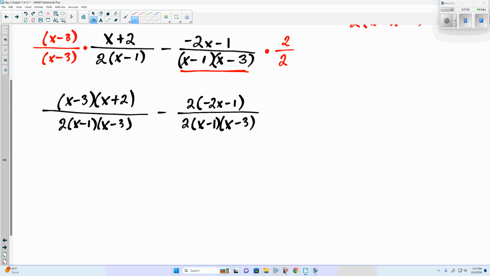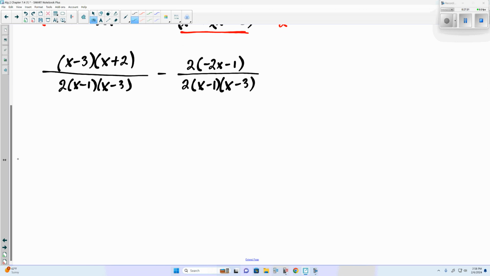Now it is possible to do this multiplication without having to rewrite it, but in some cases it is nicer, or we can keep everything a little bit more organized if we write it out first before we start multiplying everything together.